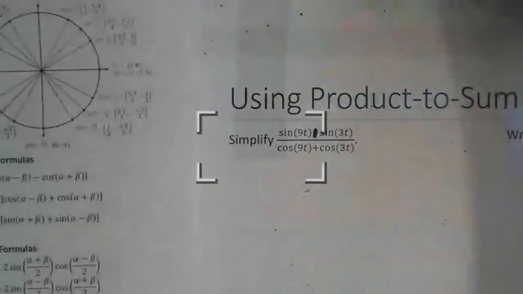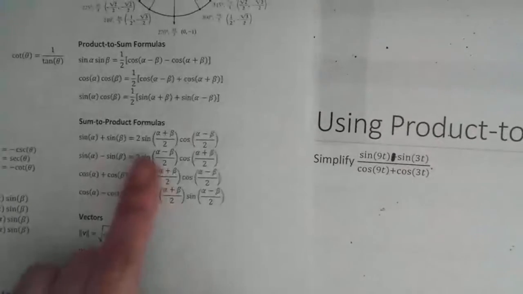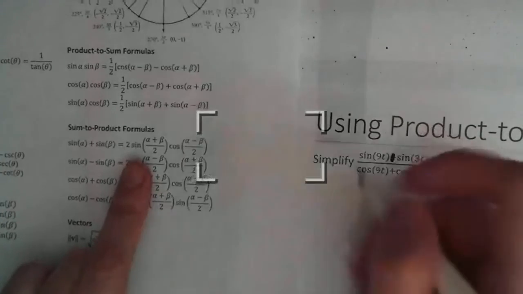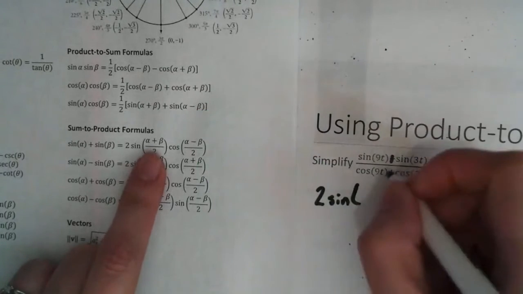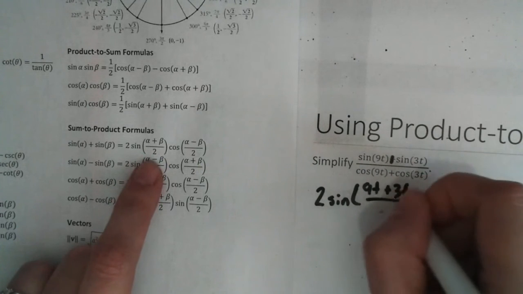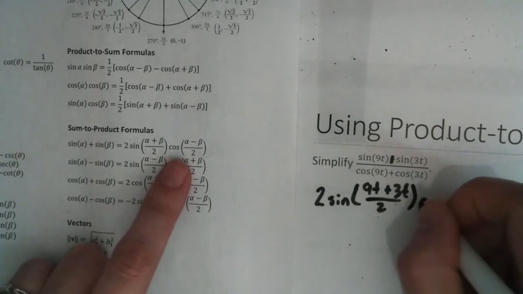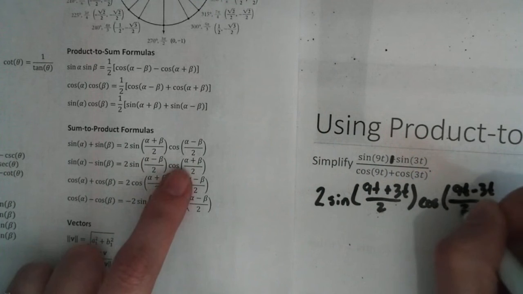So I'm going to try rewriting it using the right-hand side here. Let's see if I have enough room to do all of this. There we go. So my numerator is now going to be 2 times the sine of, I need to add my two angles, so 9t plus 3t and divide it by 2. And then the cosine of, subtract the angles, 9t minus 3t over 2.